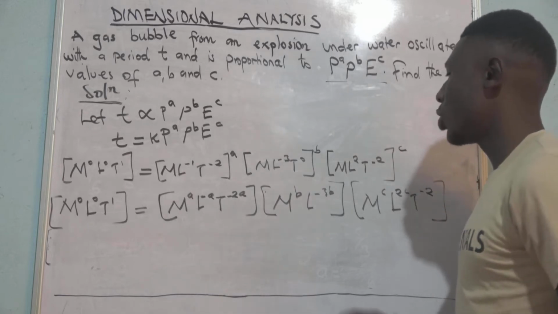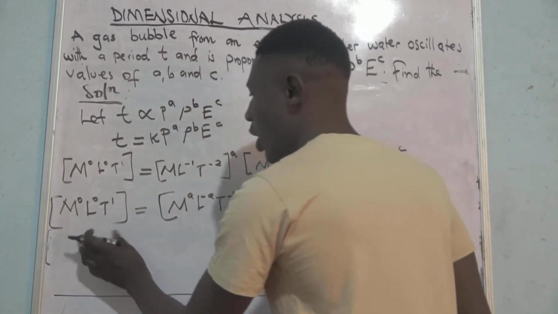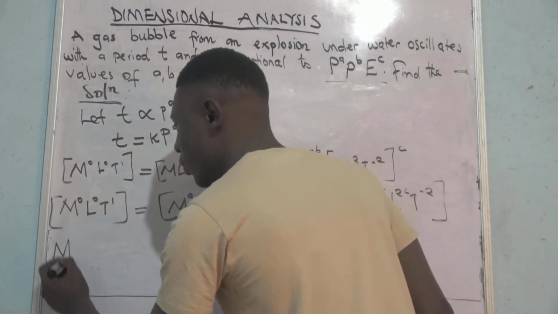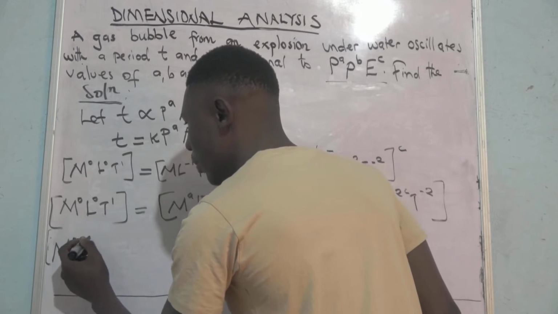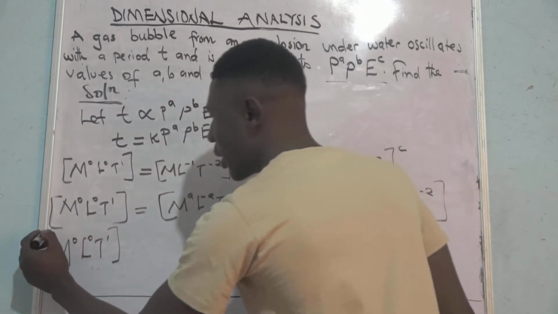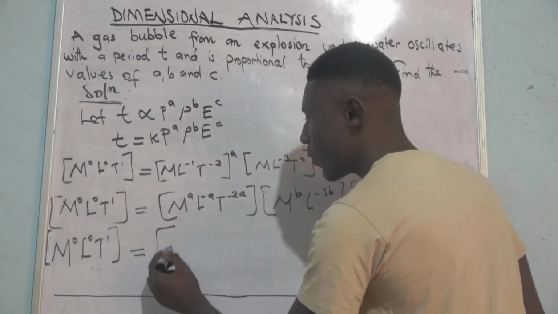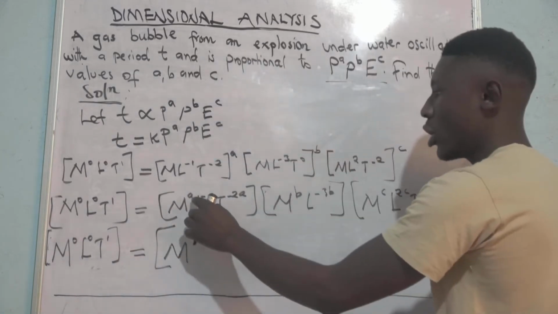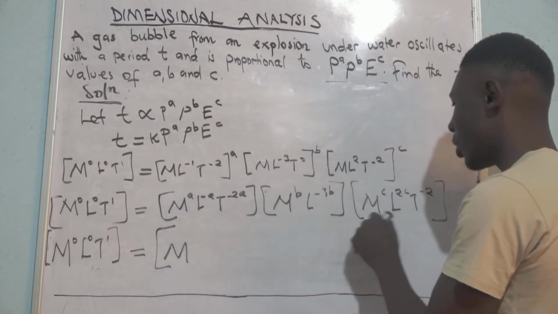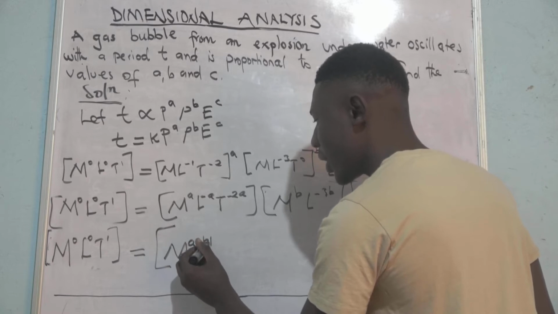From here we consider exponential functions, where if you have the same bases which are multiplied, you just sum up the powers. The left hand side is maintained as M to the power 0, L to the power 0, T to the power 1, which is equal to, on this side, M to the power a plus b plus c.